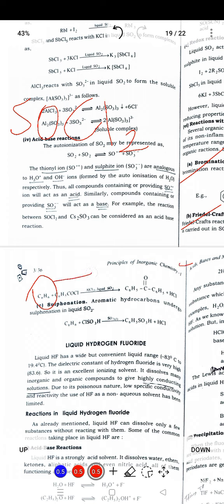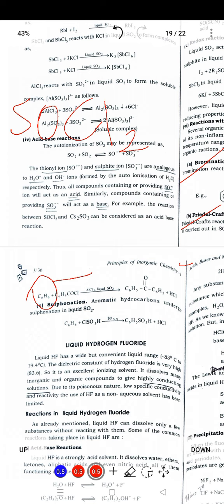This is COCl2, which I think is not a ketone, it's an aldehyde, something like that. In the presence of aluminium chloride, which is highly soluble in liquid sulfur dioxide, the catalyst aluminium chloride replaces Cl and the benzene adds on.